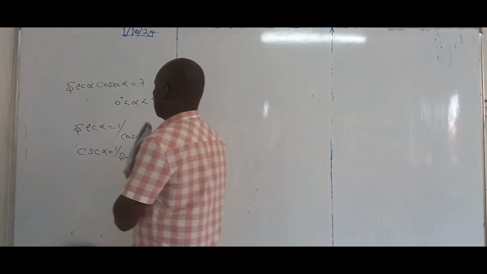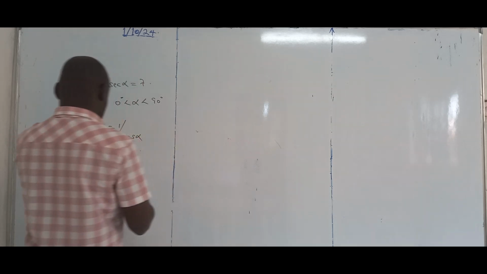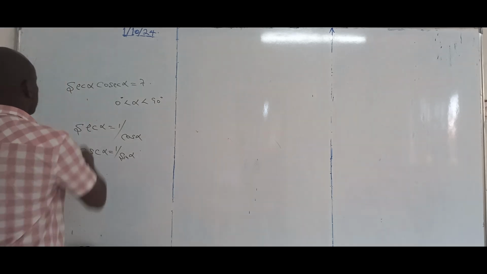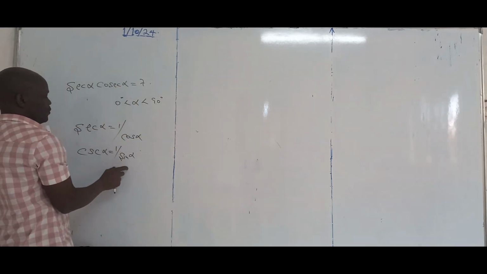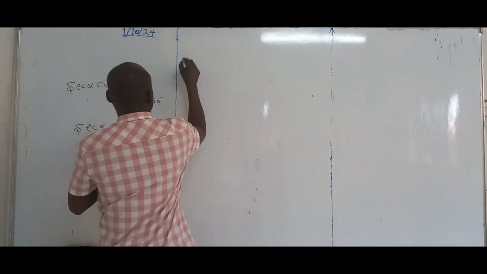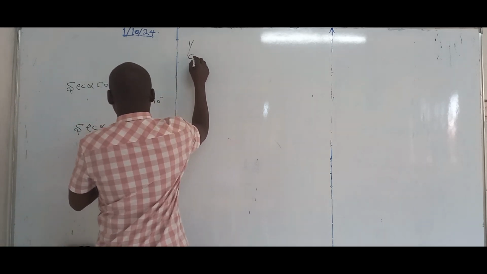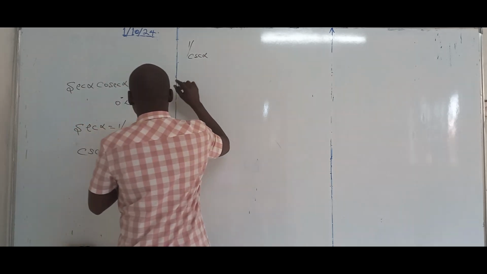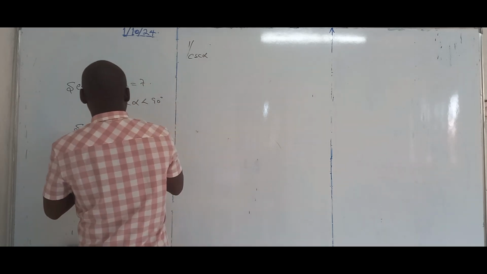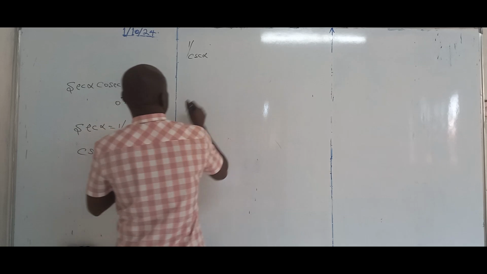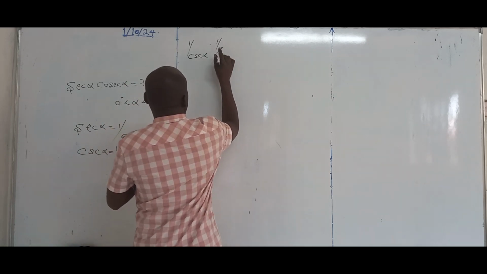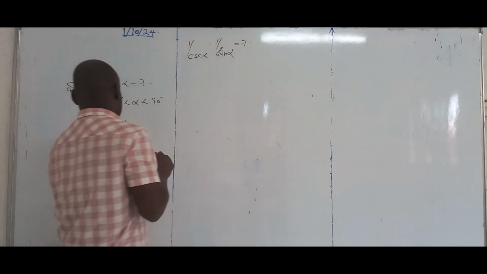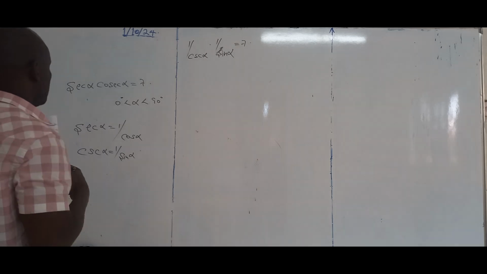Now where there is sec alpha, I put this, and where there is cosec alpha, I put this. So it will be 1 over cos alpha, times 1 over sine of alpha, should be equal to 7.